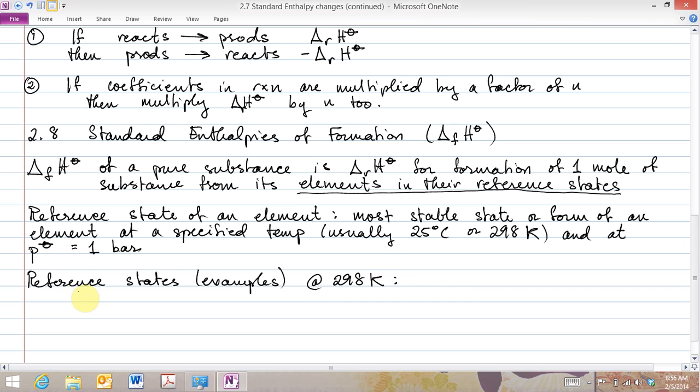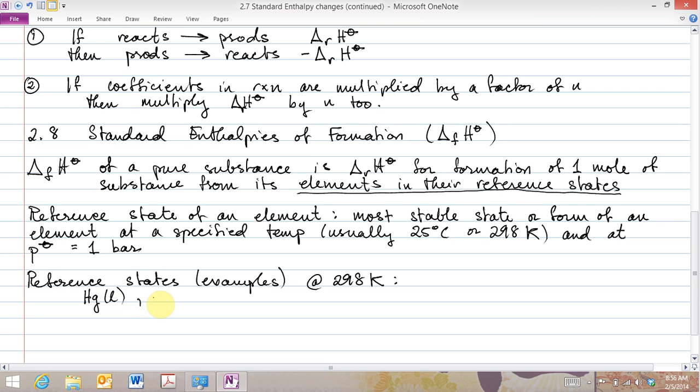So mercury, as we know, at room temperature is a liquid. So the reference state is denoted like this with an L. So that's the reference state for mercury.